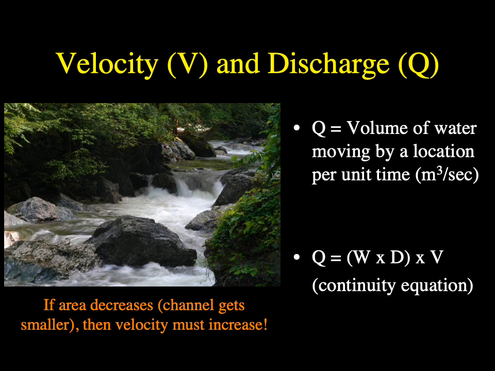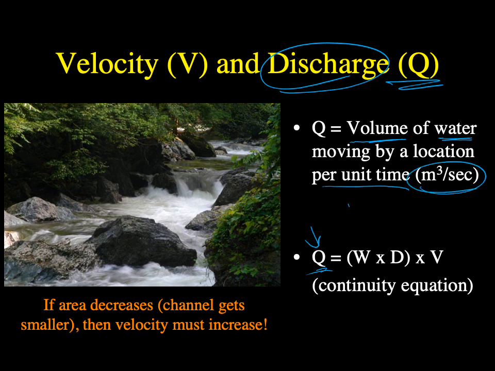The continuity equation says that this variable Q, you're going to want to know what Q is, because every time you now have a water well in your house or whatever, remember we set up Q and said that Q is discharge, right? Discharge, and that is volume of water per time. So cubic meters per second.